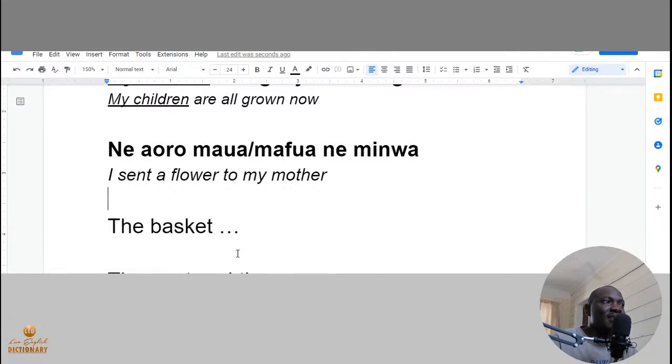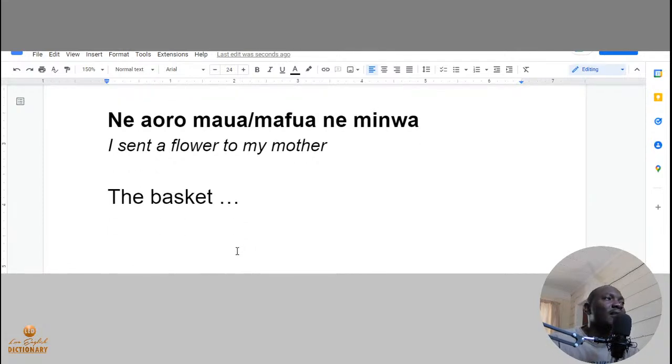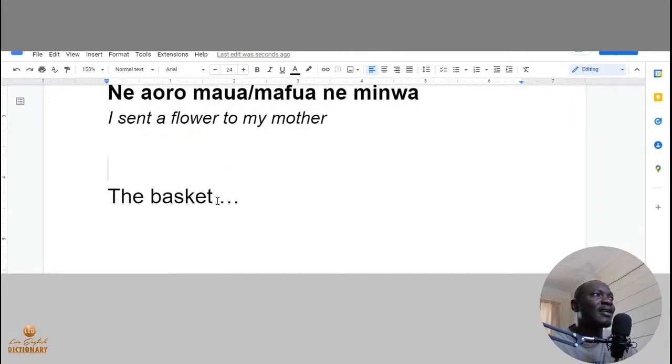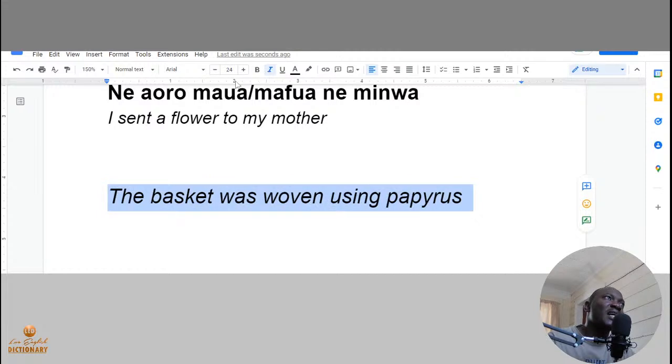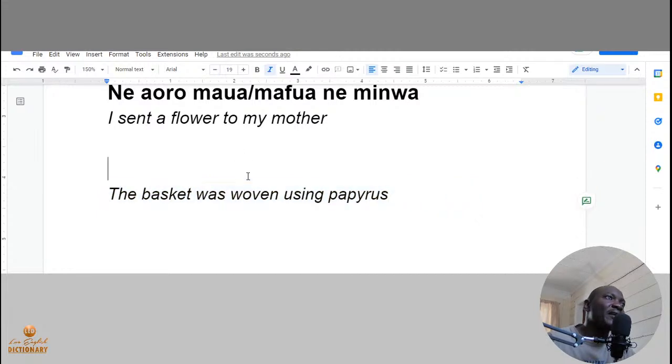Then the basket. What about the basket? The basket was woven using papyrus. You know papyrus is used for weaving baskets. So you'll say okapu ne ochue kod.